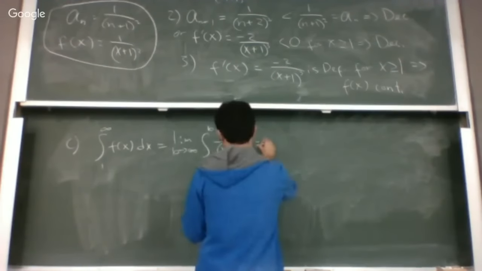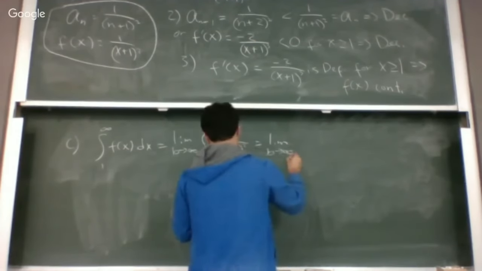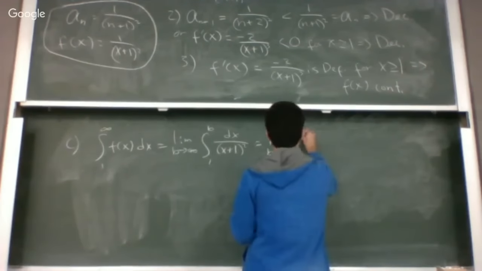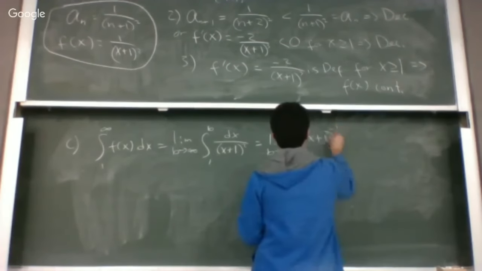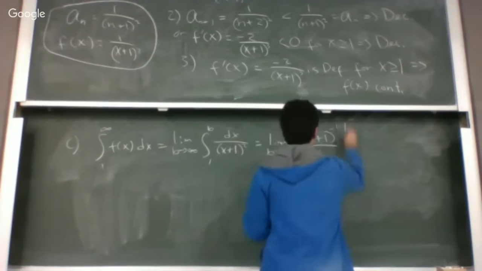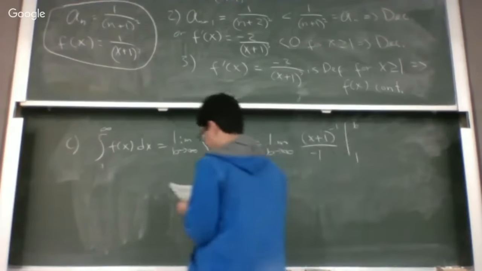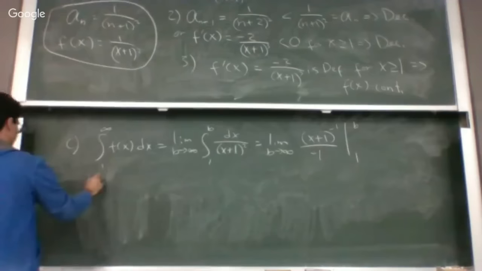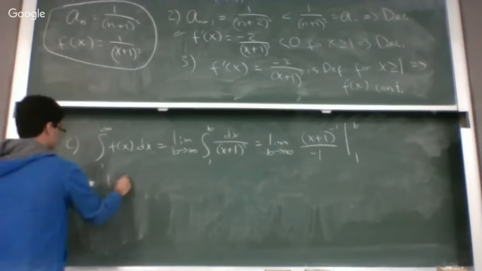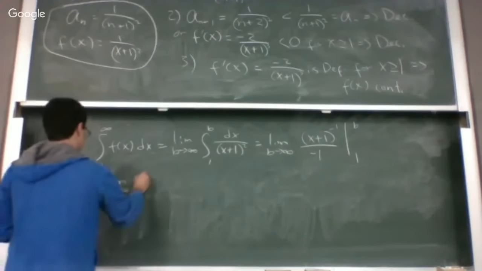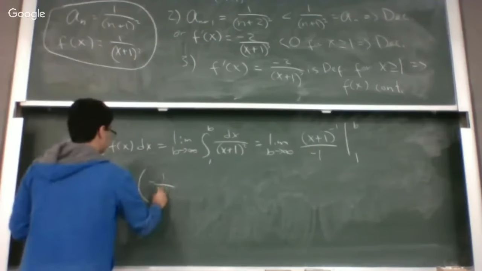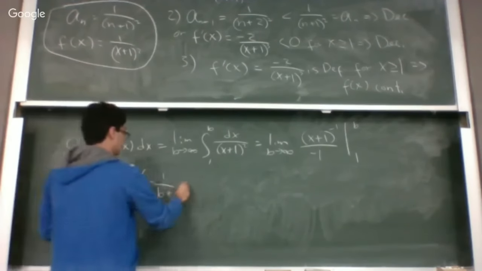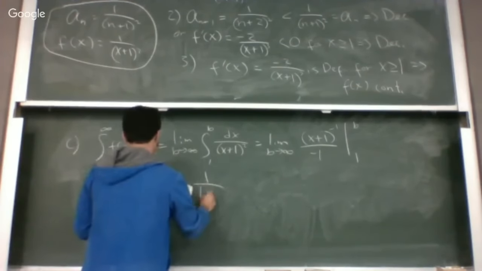This is equal to the limit as b approaches infinity of x plus 1 to the -1 divided by -1 from 1 to b. And this is just solving the integral. So the limit as b approaches infinity of -1 divided by b plus 1 plus 1 divided by 1 plus 1.